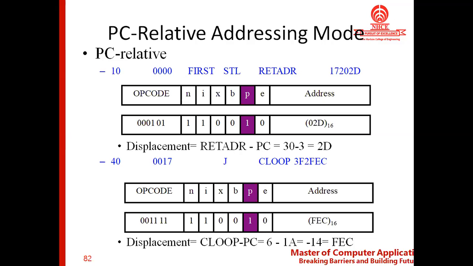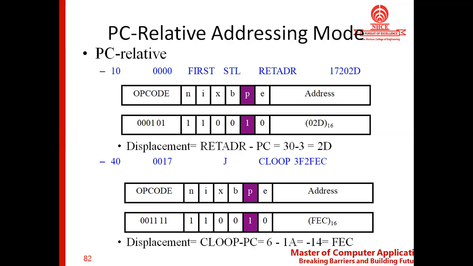And if it is PC relative addressing mode, the TA calculation would be PC plus displacement. As usual, the PC value and the TA value we will be knowing, so we are supposed to calculate the displacement part.